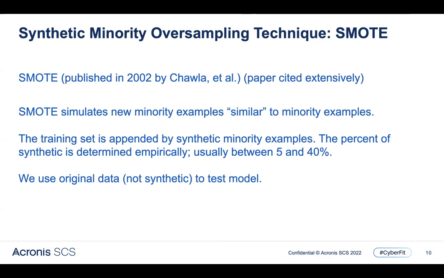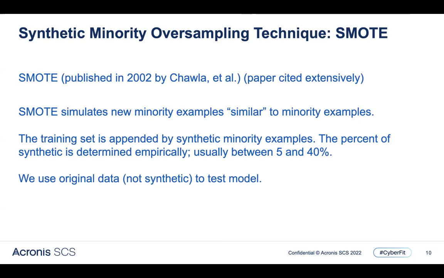And the parameter is how many positive examples need to be simulated. Typically, it's between 5 and 40%. Of course, there are infinitely many numbers between 5 and 40, but if you think of it as incrementing by 5, then you only need to do it 9 times, or 8 times, in fact.